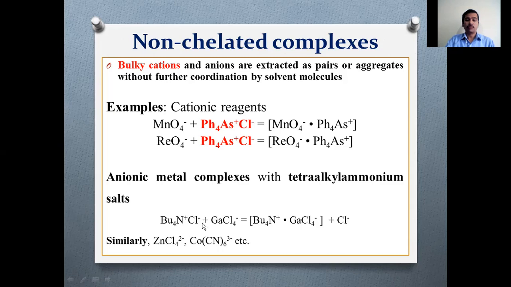Tetrabutyl ammonium chloride will be the reagent. When you create an interface for the reaction between these two species, the tetrabutyl ammonium tetrachlorogallium ion association complex will be obtained. Tetrabutyl ammonium gallium tetrachloride will be the ion association complex. This is aqueous insoluble but organic soluble.